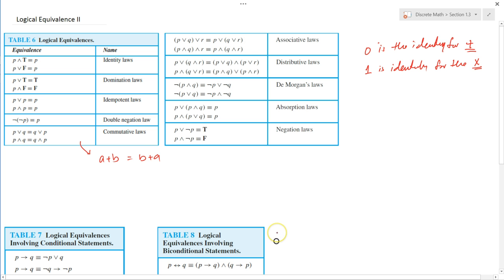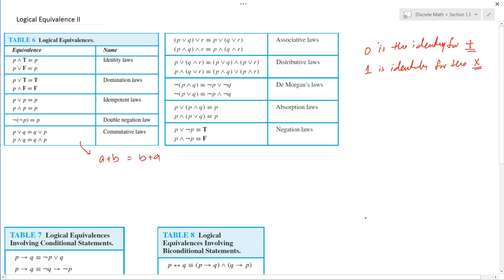So the same way, the associative law is defined also for the AND operator. So you've got (P and Q) and R is logically equivalent to P and (Q and R). Let me go back, I've been mixing the operators.